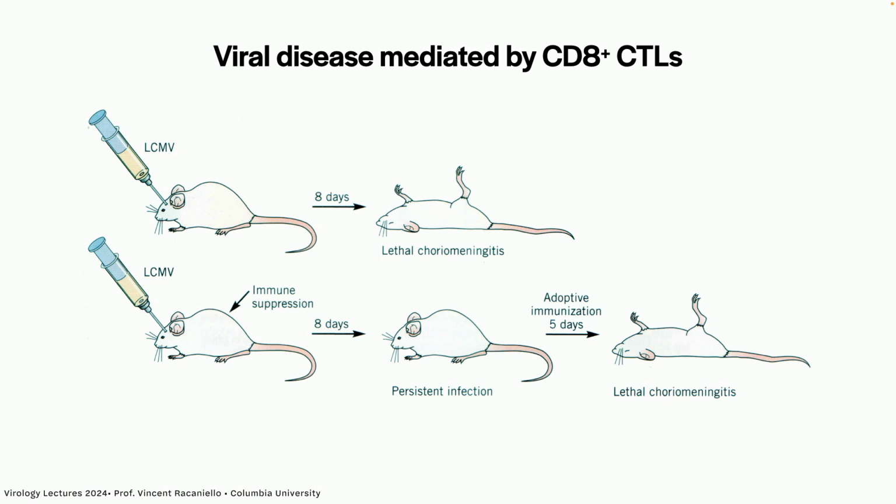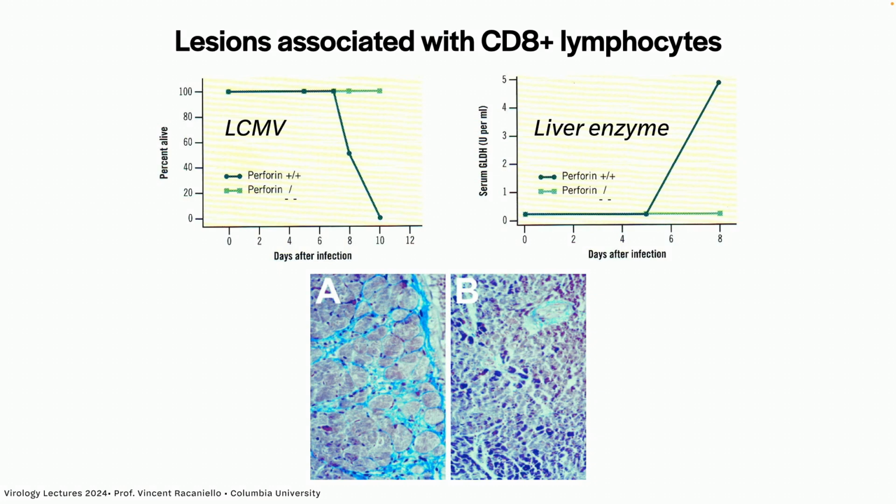They have a persistent infection. You can't clear the virus when you're immunosuppressed, but the mice live. And then if you give them CD8 positive T cells from another mouse that's been immunized, it's called adoptive transfer or adoptive immunization, then the mice die. So the CD8 positive CTLs are killing the animals during the infection. So that's a beautiful example of immunopathology.